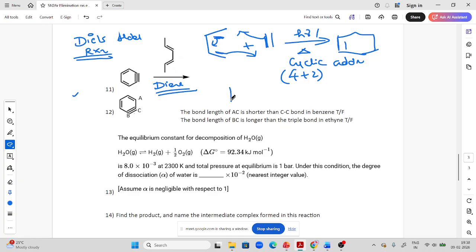Got it, ma'am. Now here you are provided with benzene. Same logic. Keep pushing the bonds so that you just club them up like this. Okay, that's it.